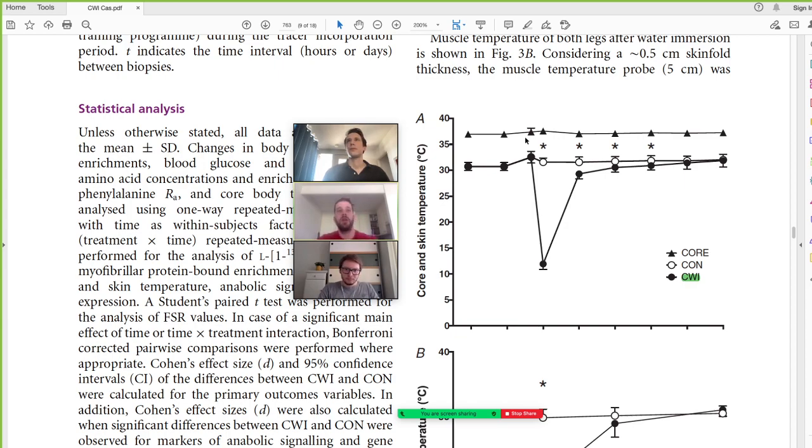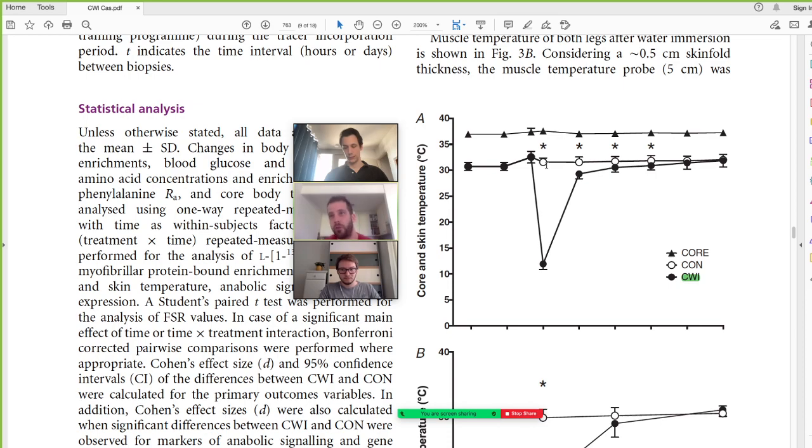Then if you look at the open circles, there it goes a little bit back to baseline and remains pretty much exactly the same over time. So it also tells us that the thermoneutral conditions, with the thermoneutral water tank, were good because we kept the temperature what it should be.